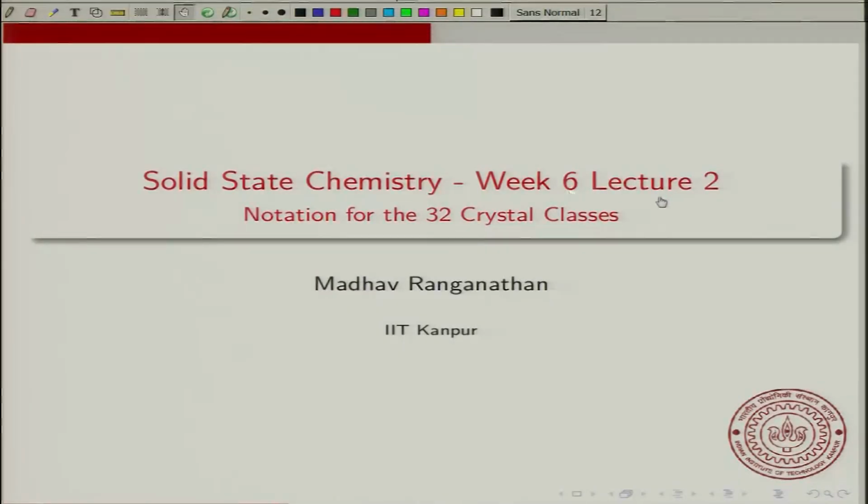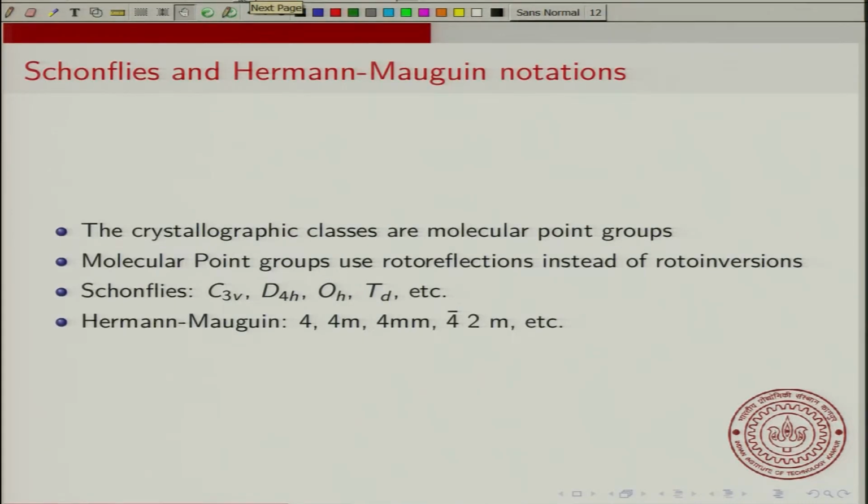So week 6 lecture 2 will be notation for the 32 crystal classes, and I will be focusing only on the crystal classes. We will go to the space groups a little in the next lecture, but in this lecture we focus on the crystal classes. There are two common notations that are used.